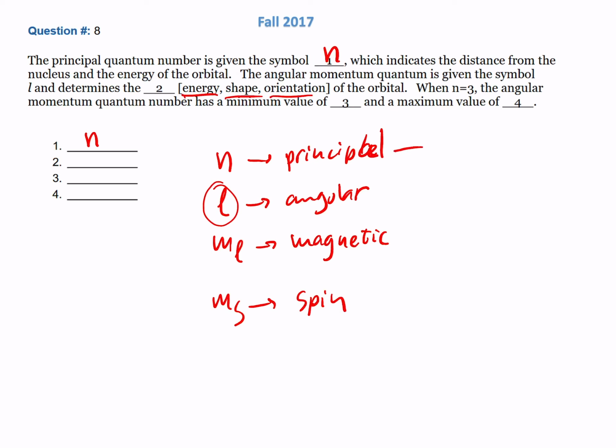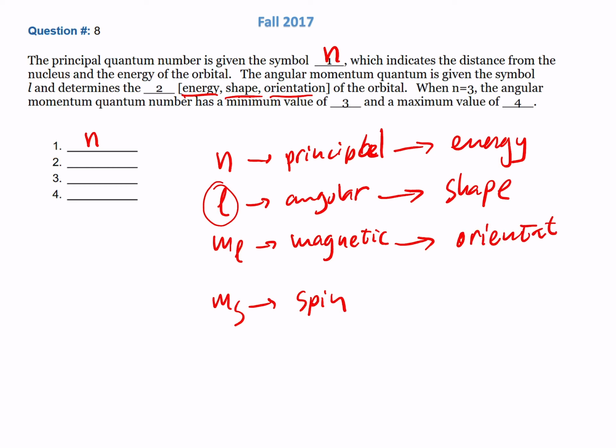The principal is the energy level, the angular is the shape of the orbital, and the magnetic is the orientation. Therefore, in this particular question, L is giving you the shape of the orbital. So that's the answer to the second blank.